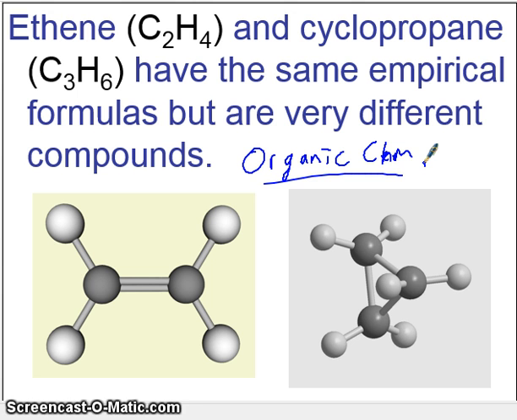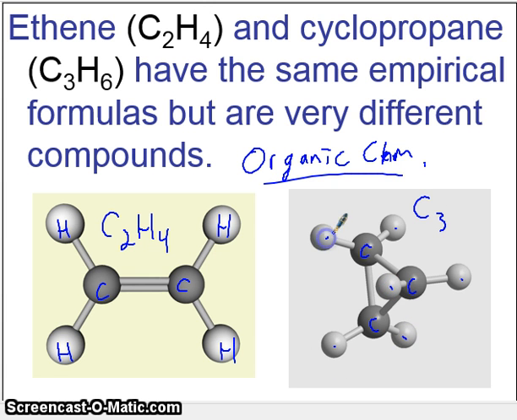So if you take a look, this molecule, there are 2 carbons. Again, these are carbons, and these in this case are hydrogens. In the case on the left, you have 2 carbons and 4 hydrogens. In the case on the right, you have 1, 2, 3 carbons, 1, 2, 3, 4, 5, 6 hydrogens. But if you reduce both of these down, they both reduce down to CH2.